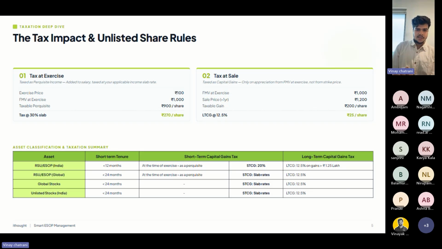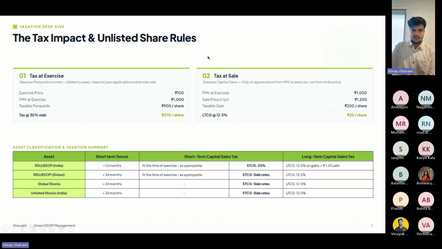Another key thing to note here is if those were Indian shares, you will have long-term capital gains of 12.5% and the exemption of 1.25 lakhs, which you can claim. But for global, that might not be the case because it won't be considered as equity under Indian taxation. Again, global stocks and unlisted stocks in India work in the same way. Well, 24 months is the holding period that decides if it's short term or long term.